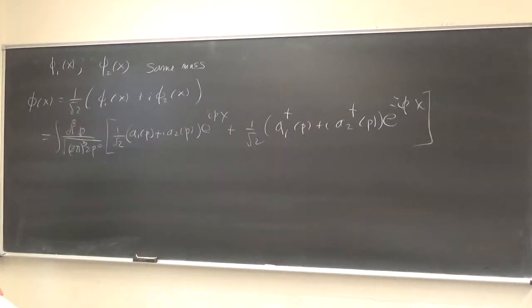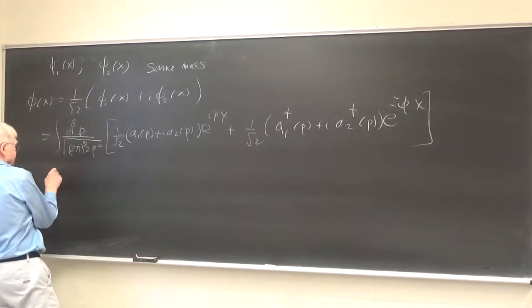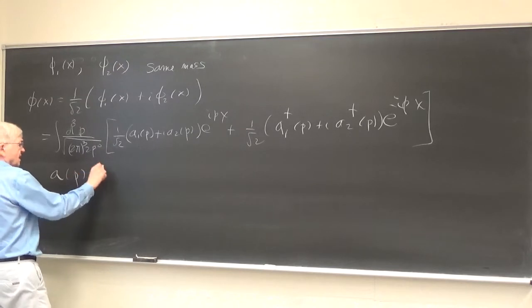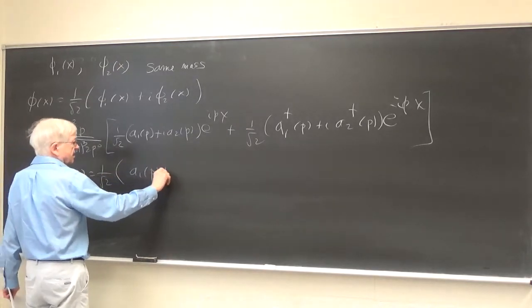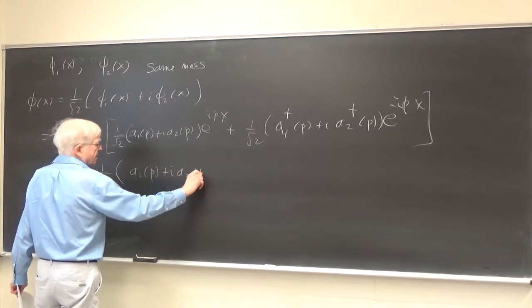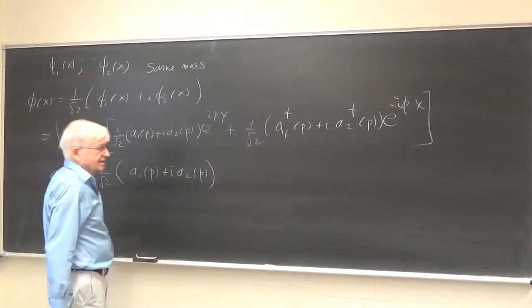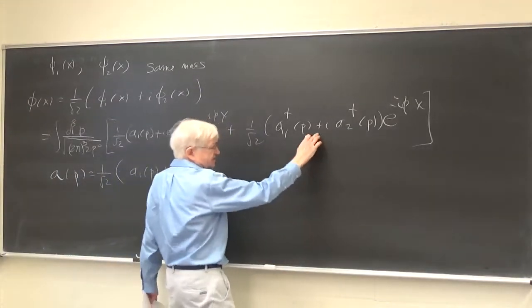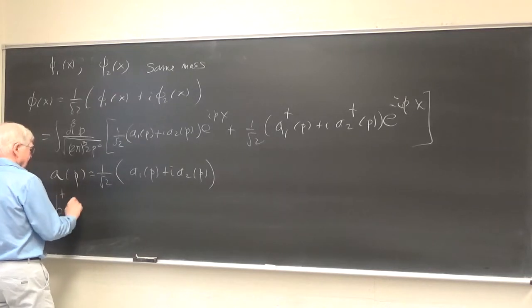And we can rewrite this by saying that this is equal to a of p, and the second one is not a dagger because it would have a minus sign, so we'll call that b dagger of p.